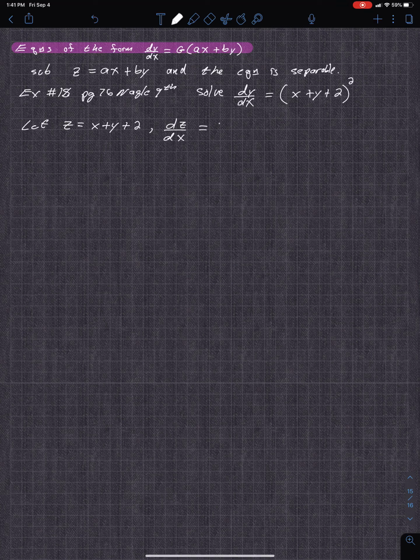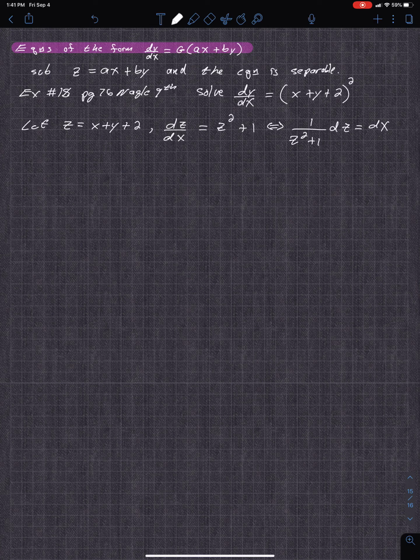That would then be z squared plus 1, after you do the substitutions and simplify. What you end up getting is separable, so then you have 1 over z squared plus 1 dz equal to dx.